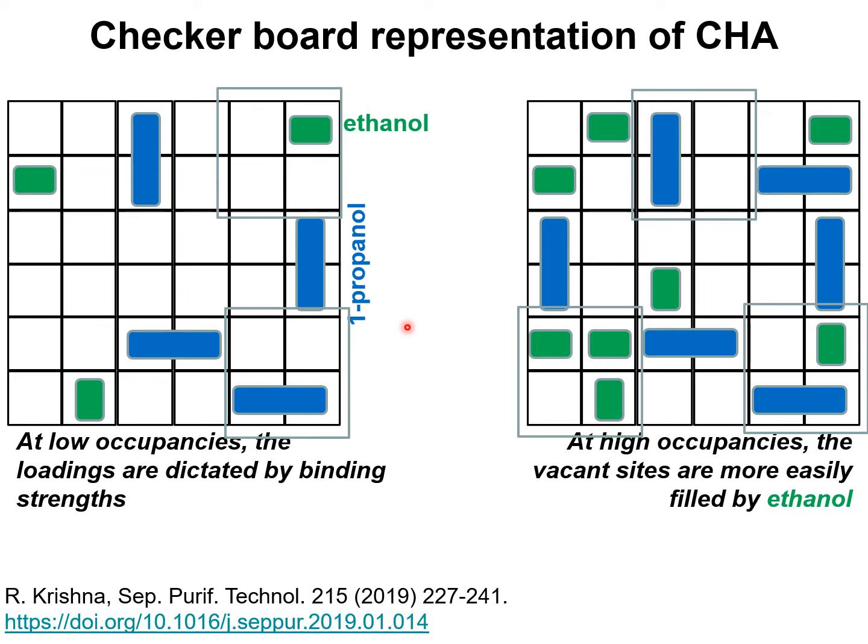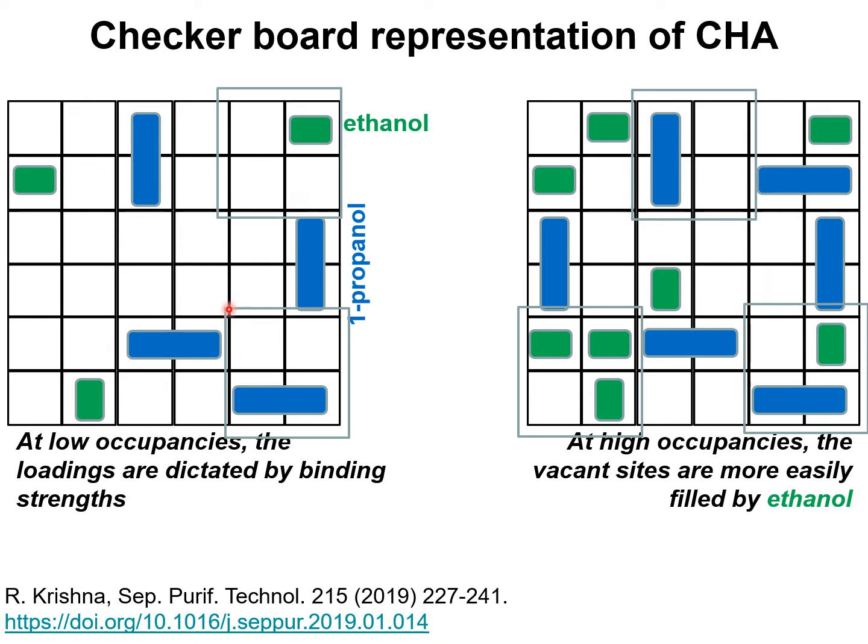We rationalize the CBMC mixture adsorption data by a simple checkerboard representation of Chabasite zeolite. A single cage of Chabasite zeolite can be considered to have 4 adsorption sites that can be occupied by 4 ethanol molecules.